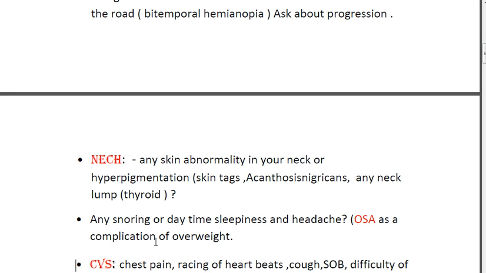This is for the neck. Any snoring or daytime sleepiness and headache? This question is for obstructive sleep apnea. Any snoring during sleeping, or daytime sleepiness, headache and fatigue, as a complication of the patient's overweight, which can cause obstructive sleep apnea.